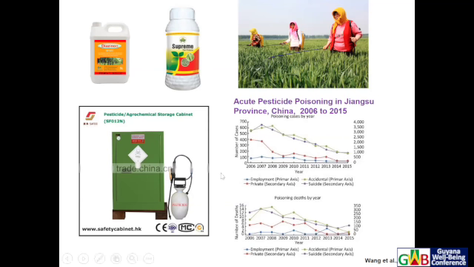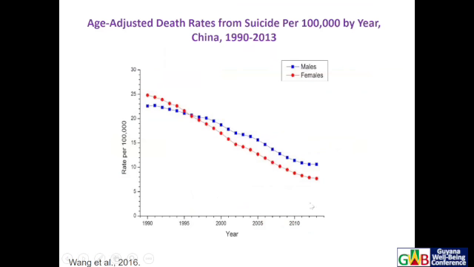Unless you need to use it and get approval, you cannot get the pesticide. So individuals would not have access to this poisoning to commit suicide by ingesting it. And the change has been dramatic. Since the 1990s, suicide rates in China have decreased by almost 80%.